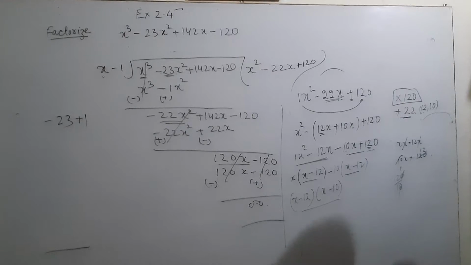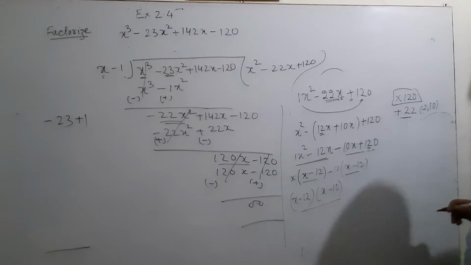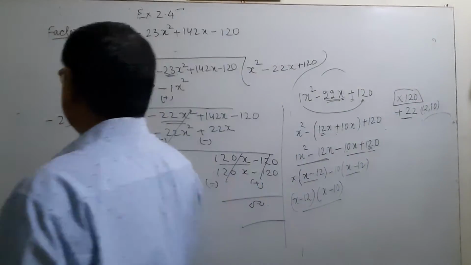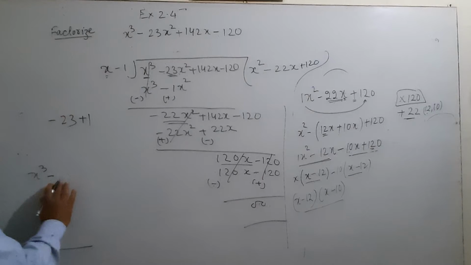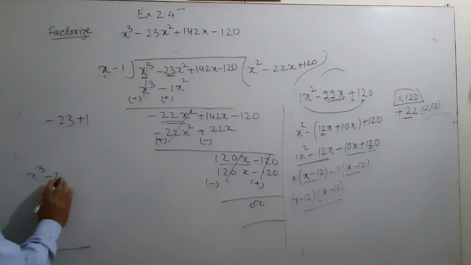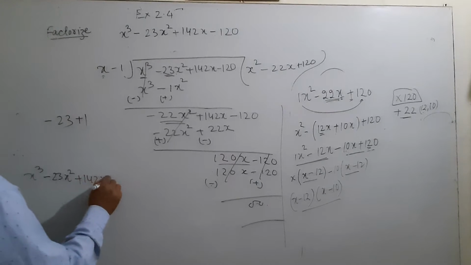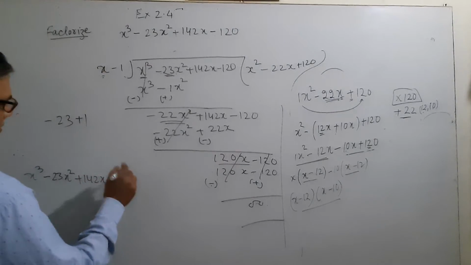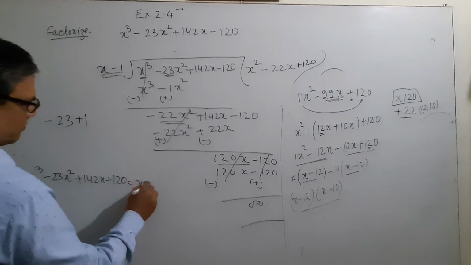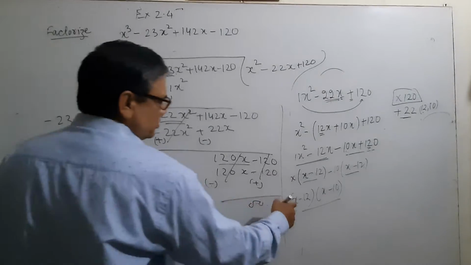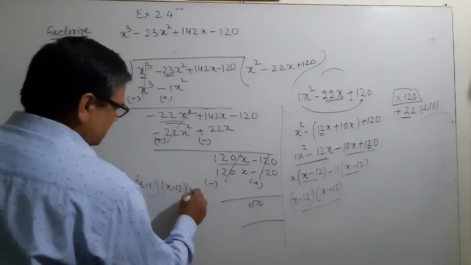And then what do we have to write? The factors of x cube minus 23x square plus 142x minus 120 are, first we write this one, x minus 1, and then x minus 12 and x minus 10.